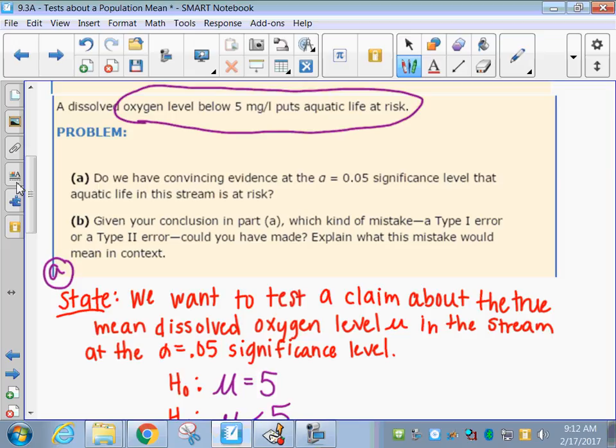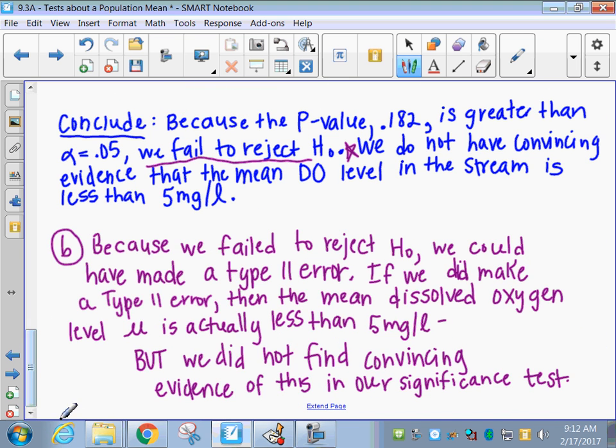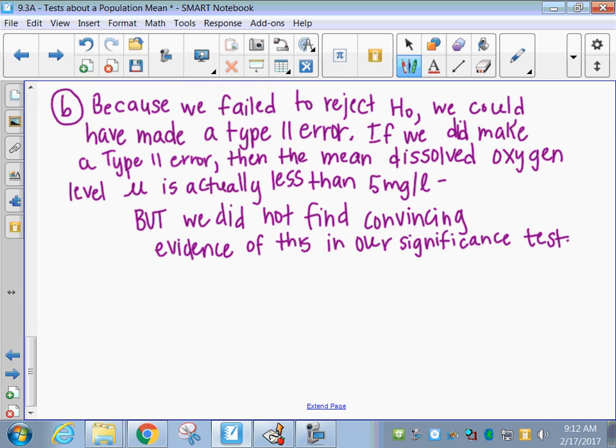Fail to reject the null could be a type 2 error if we messed up in our data, right? So because we failed to reject the null, we could have made a type 2 error. If we did make that type 2 error, that means that the true mean is actually less than 5 milligrams per liter, right? We just got evidence that told us otherwise. That's why we did not do that. Make sense? Just a review on the type 2 errors.